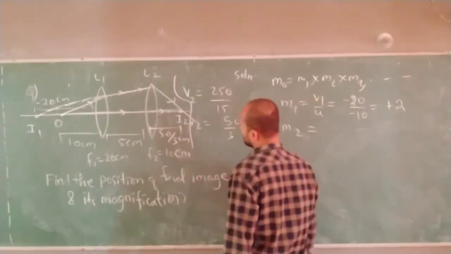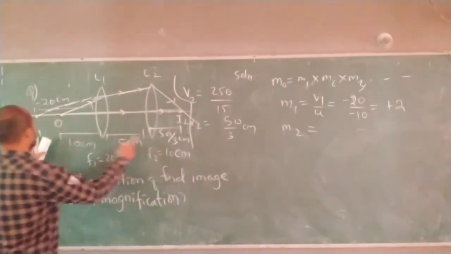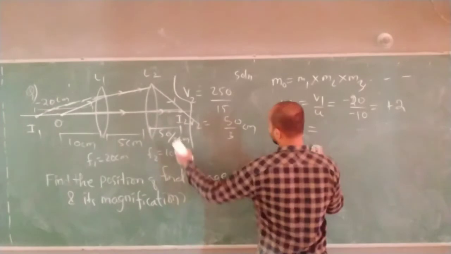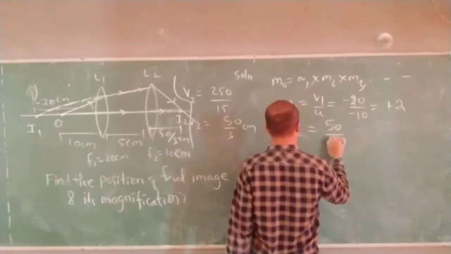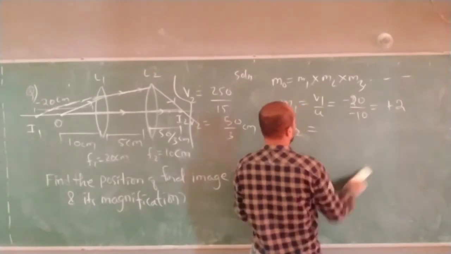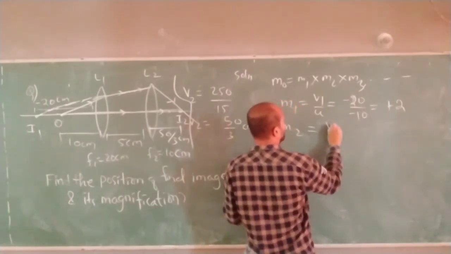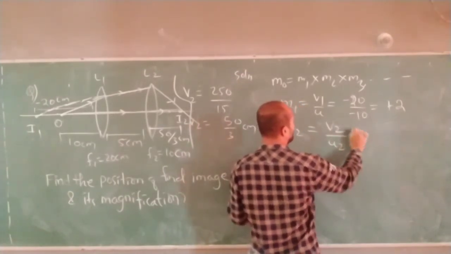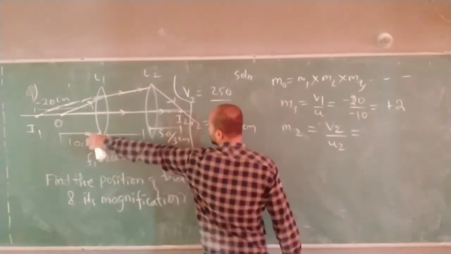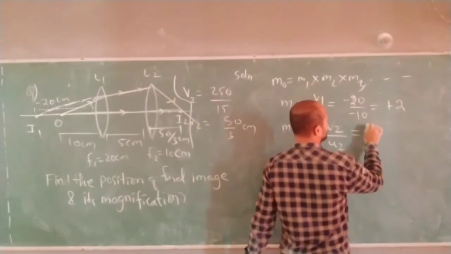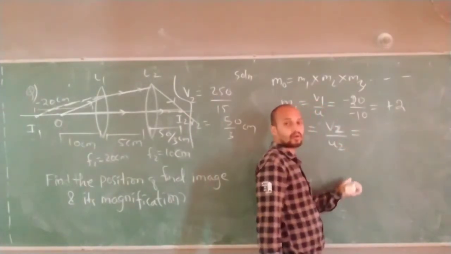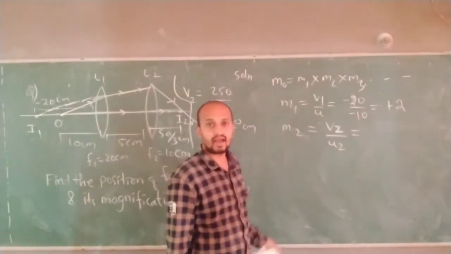M2 is, who is the image and who is the object? The object is at minus 25 and the image is 50 by 3. M2 is V2 divided by U2. U2 is minus 25, and V2 is 50 by 3.